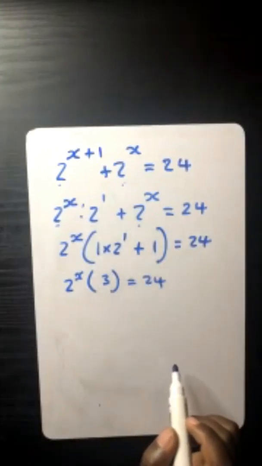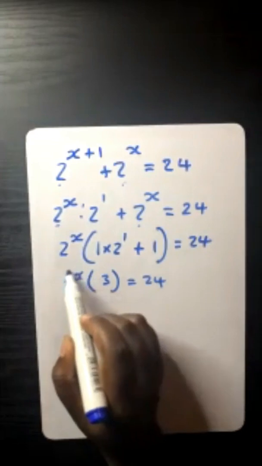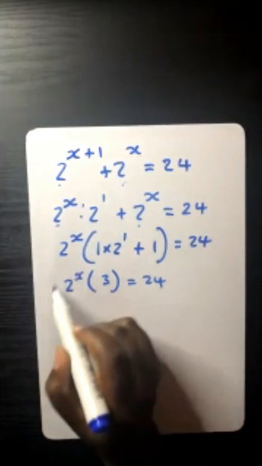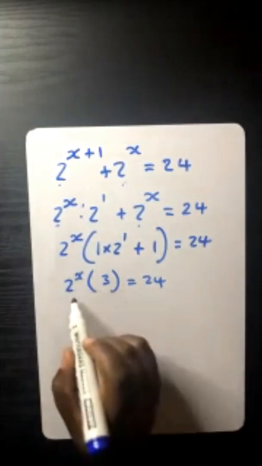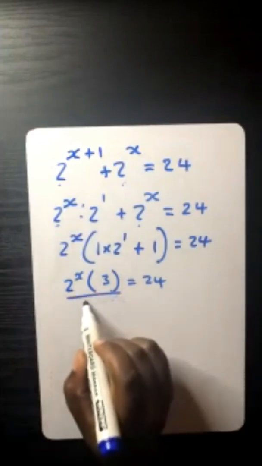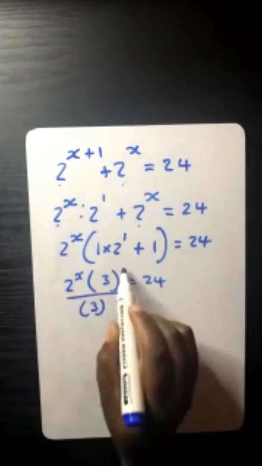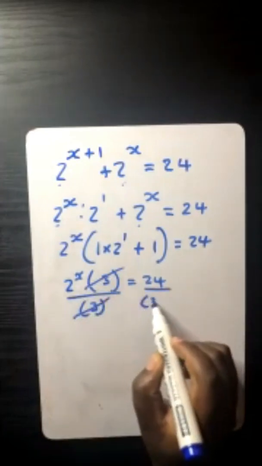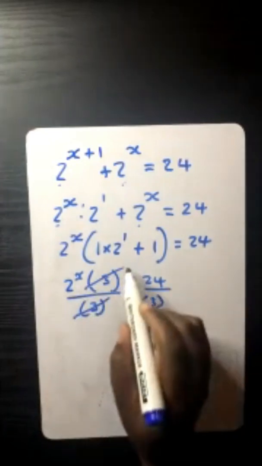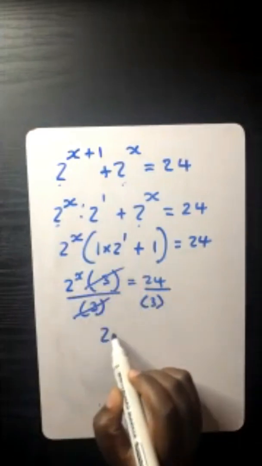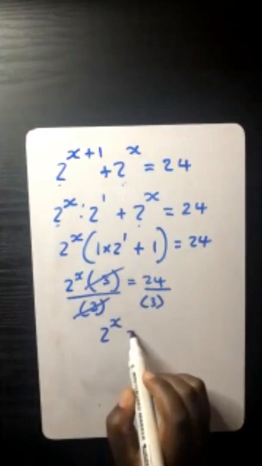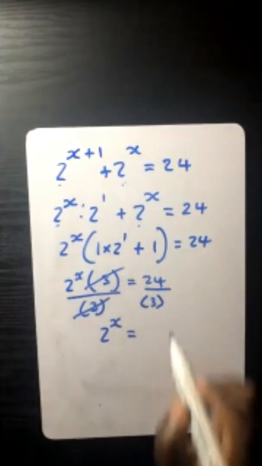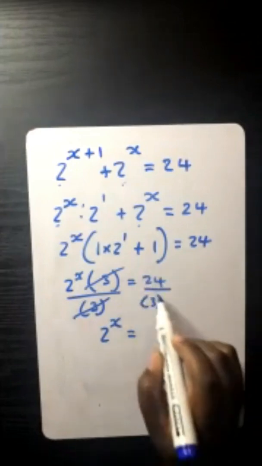So can you see, Shreyas? Yes, sir. You just want to have a base to the exponent unknown on the left side. So you can divide by that same number, which is 3, so that it cancels. Remember, what you do on the left, you do on the right. So now that they cancelled out, you remain with 2 to the exponent x, which is equal to 24 divided by 3.